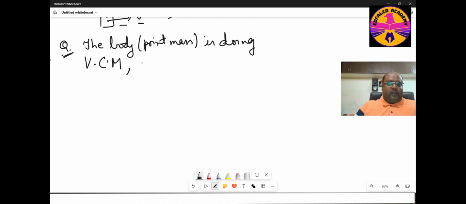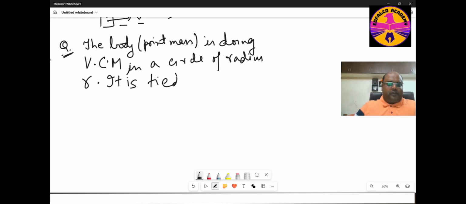It is moving in a circle of radius r. It is tied to a string, right? And it is moving in a circle of radius r, which means the length of the string itself is r, and it is doing a vertical circular motion.